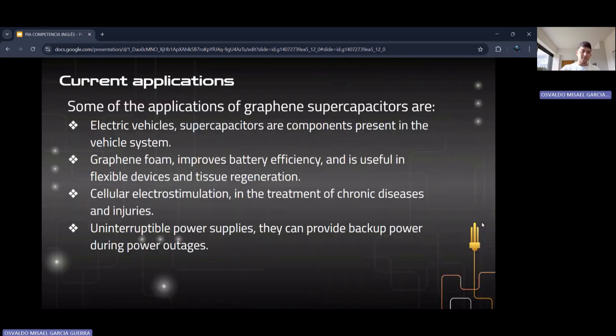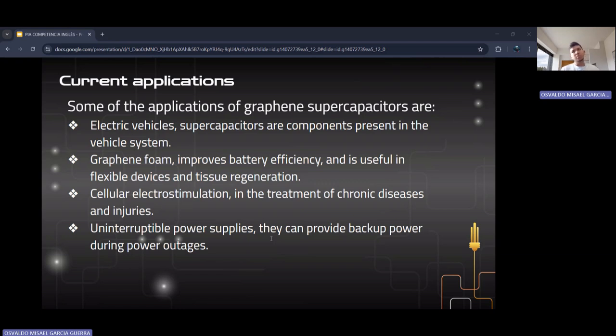For current applications, we have electric vehicles, the graphene phone, cellular electrostimulation, and uninterruptible power supplies. In the first case, electric vehicles, supercapacitors store energy by building up an electric field at the interface between the electrodes and the electrolyte.